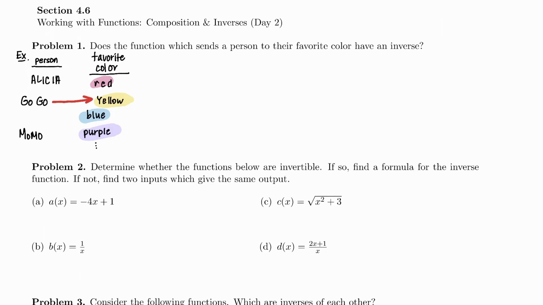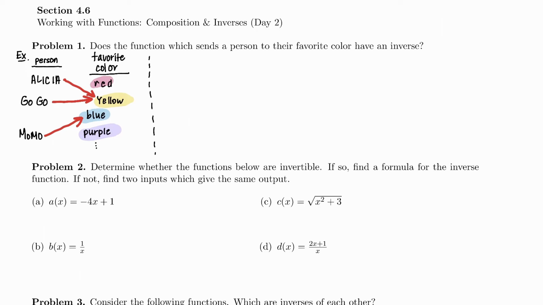Momo's favorite color is blue. And I asked myself and found out that my favorite color is yellow. Okay, so this is totally fine. So this is the function that sends a person to their favorite color, or an example of such a function.